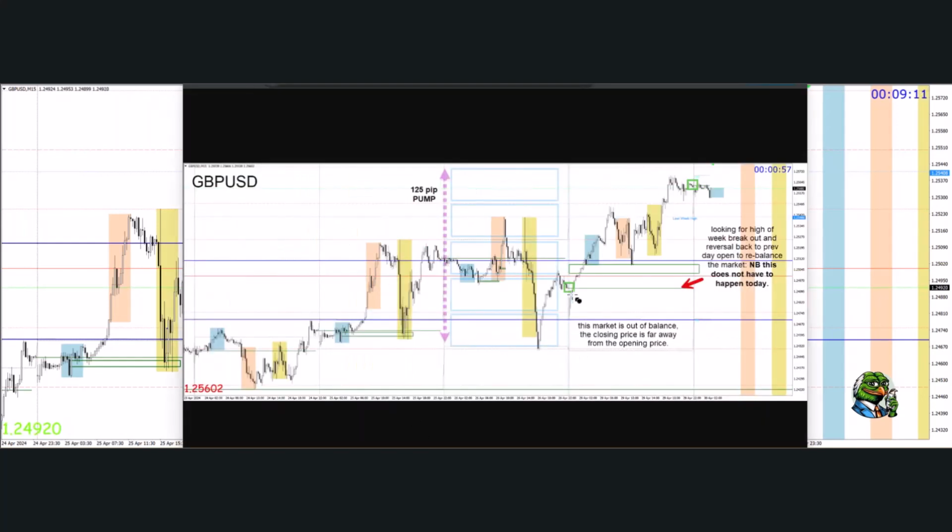Okay, so here's the post in my private community where I spoke about this and clearly marked out that we have a market that has closed a lot higher than its open, and I call that a market that's out of balance, and note that at some point we need to come back to this level, okay?